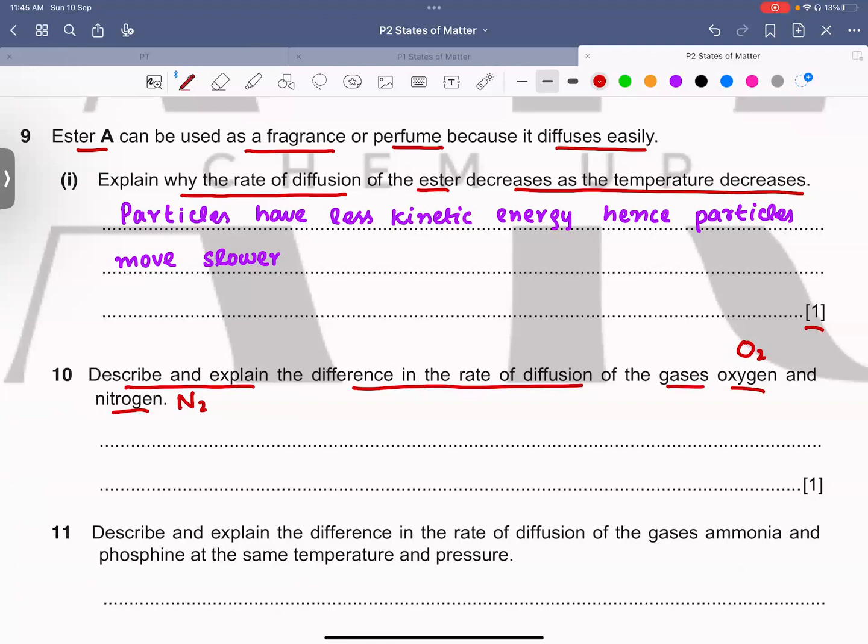Yes. What is the other thing besides temperature that affects the rate of diffusion? Pressure? Volume? No. Just check your notes, please.